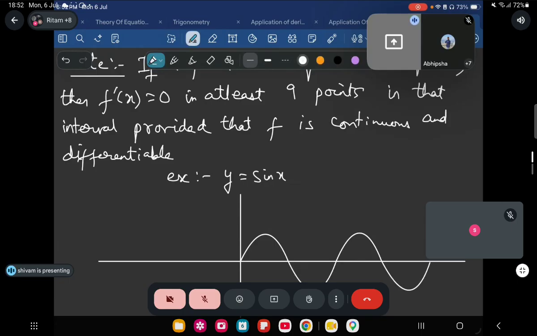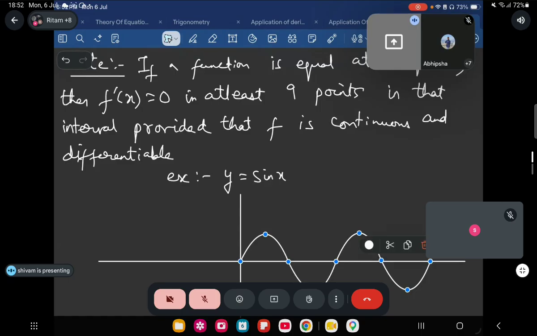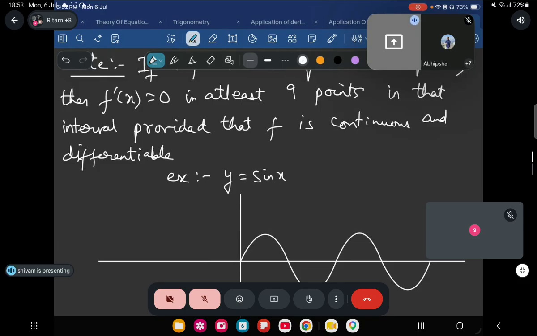Okay, see, it is equal to 0 at so many points, right? At all integral points, it is equal to 0. I hope you people can understand.